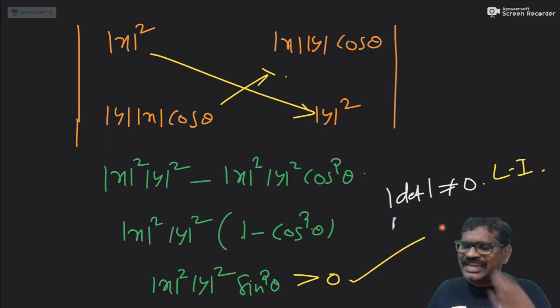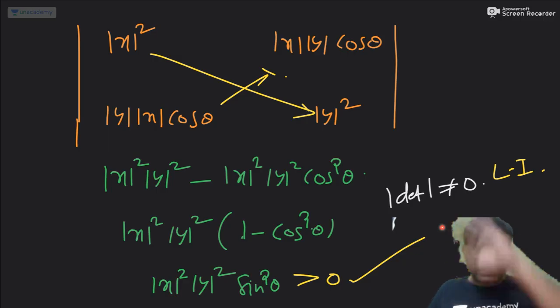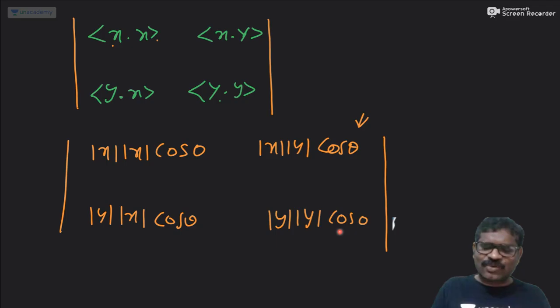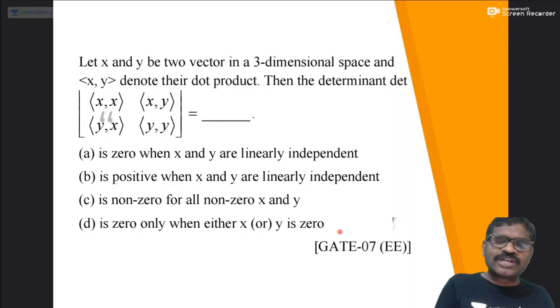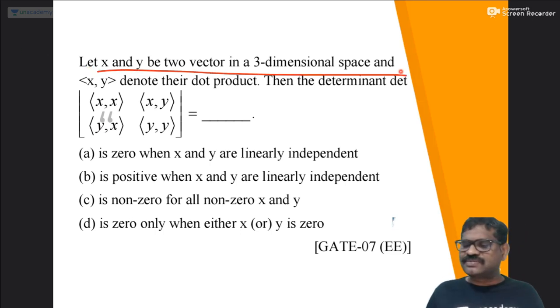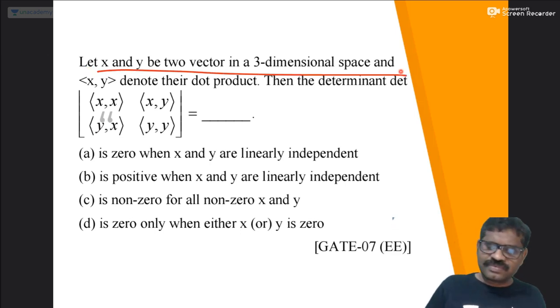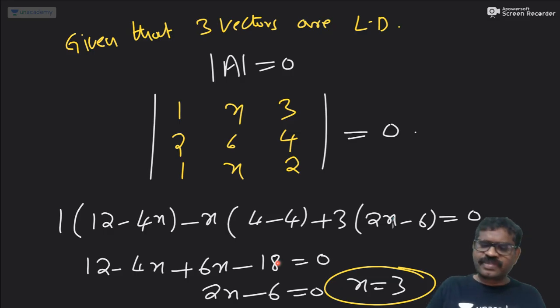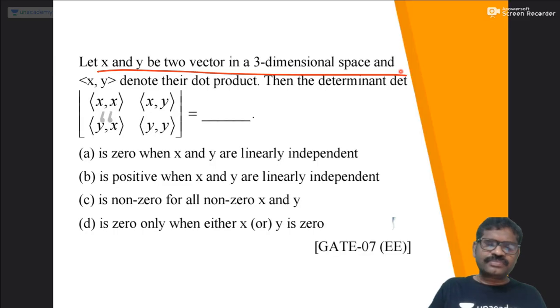Sarthak, it is not 90. You are misunderstanding the concept. It is not 90. x and y are two non-zero vectors, two vectors in a three-dimensional space.